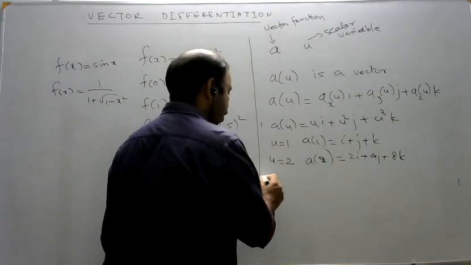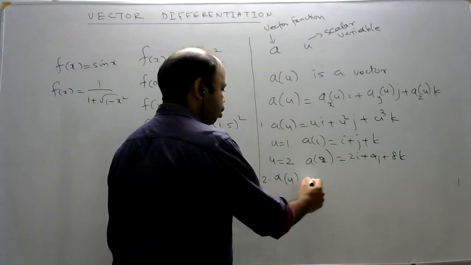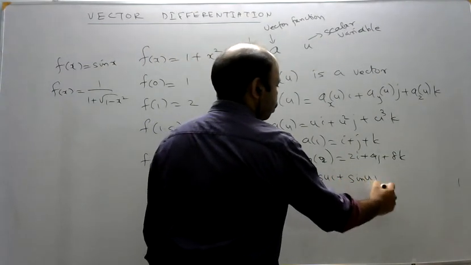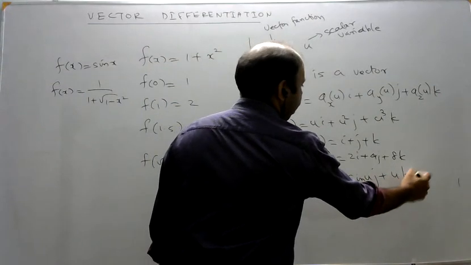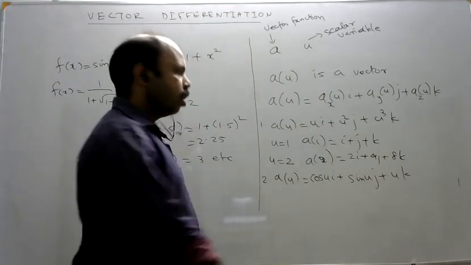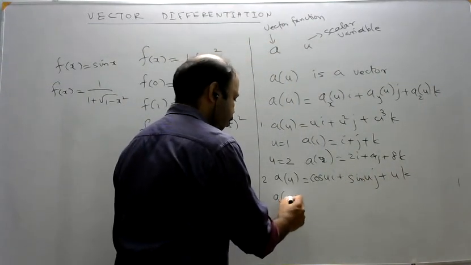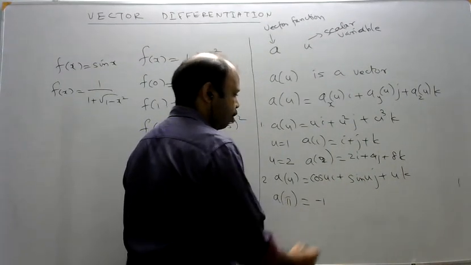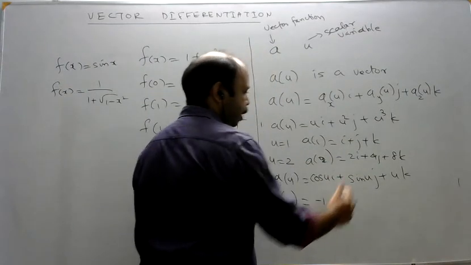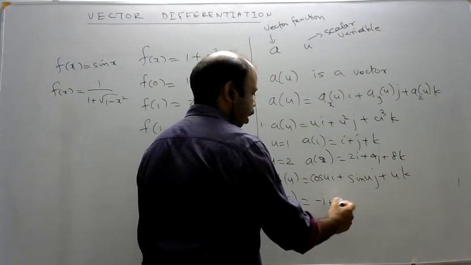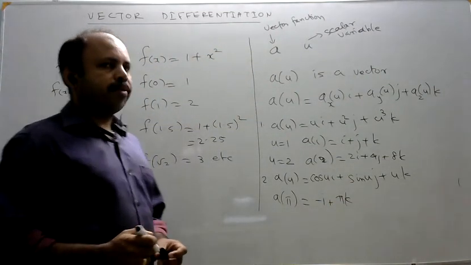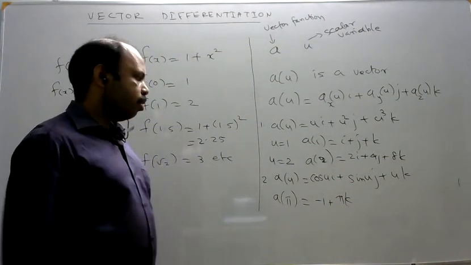Another example, A of u equals cos u i plus sin u j plus u k. Here also, A of pi equals cos pi, minus 1, or minus i, plus sin pi, 0, so 0 j, plus pi k. So these are examples for vector valued functions.